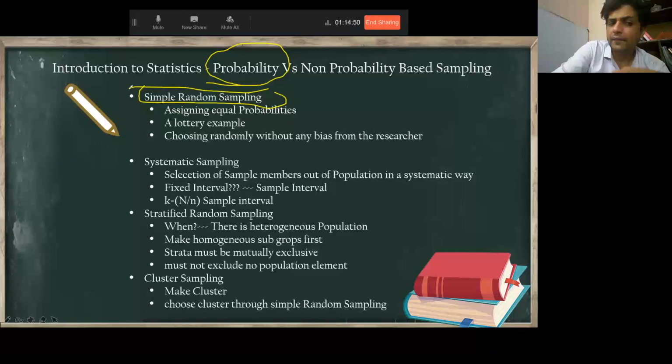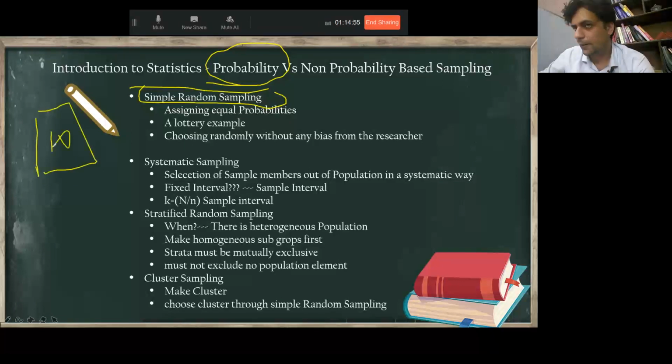The same example as I told you in class 10, right? I give each student a student ID, right? And from those student IDs, I'm going to select four student IDs randomly.